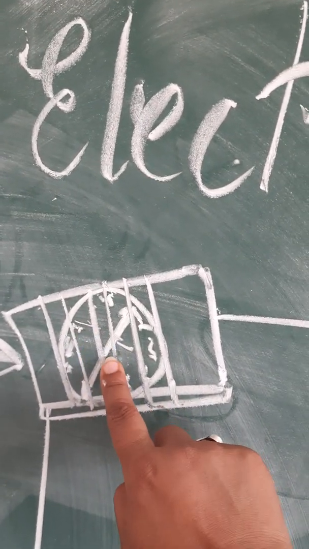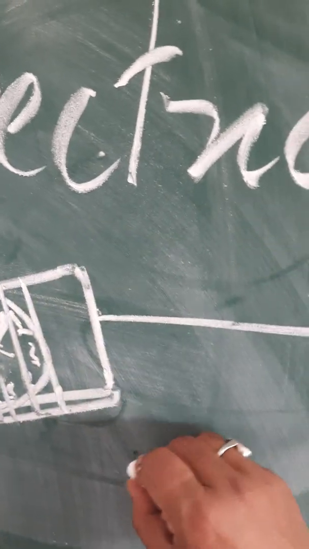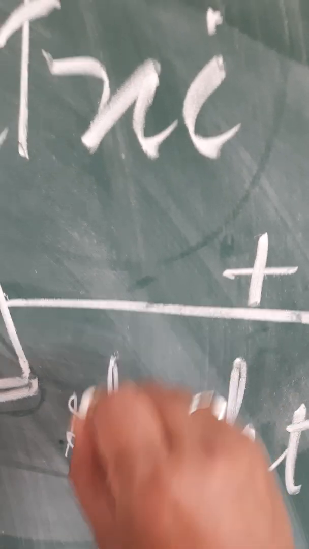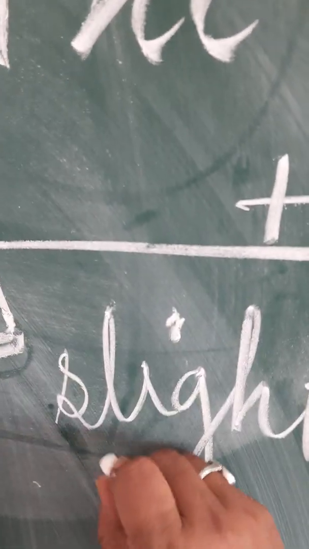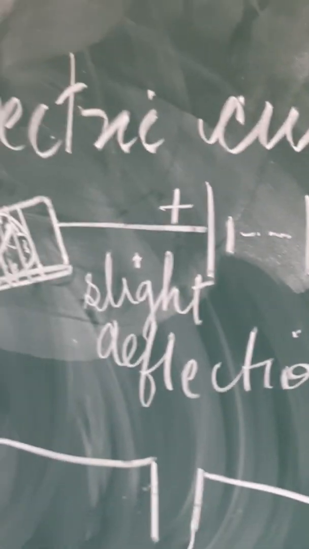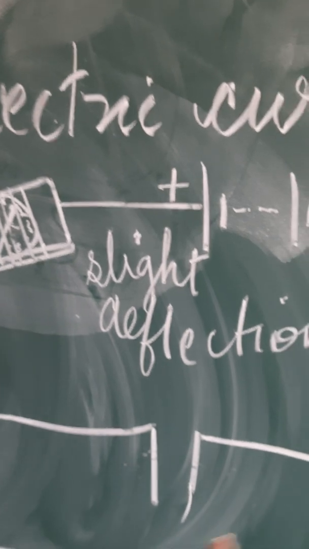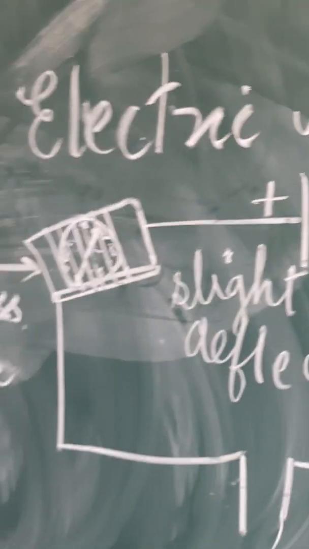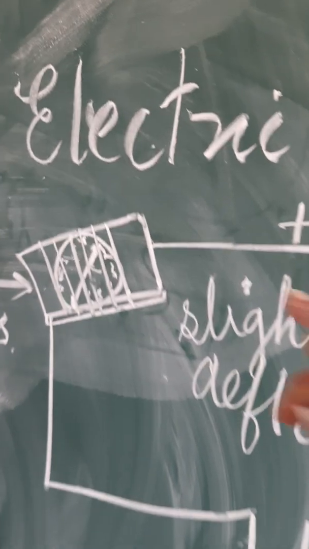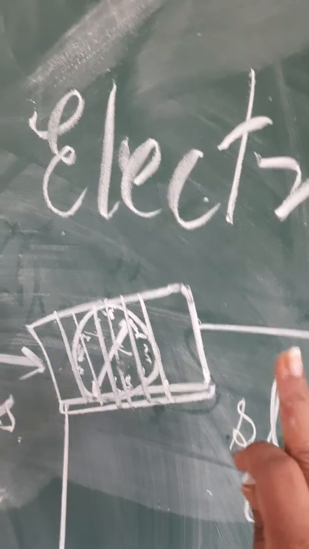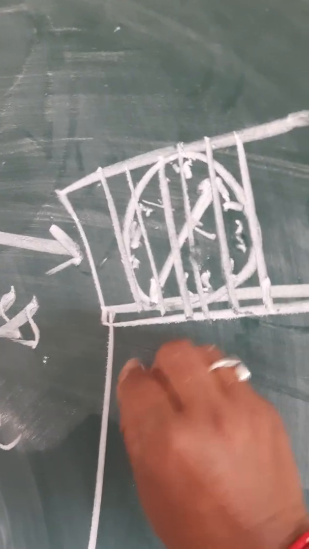If the needle shows a slight deflection, it means the current flowing in the circuit is weak. If the deflection is large, a very clear deflection, it means the current is strong.